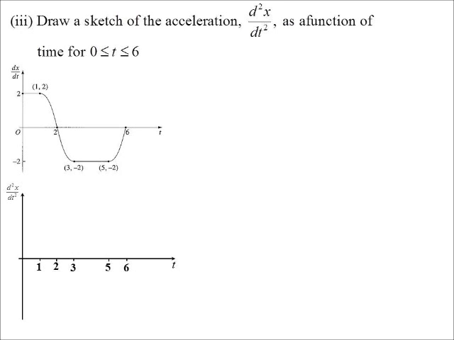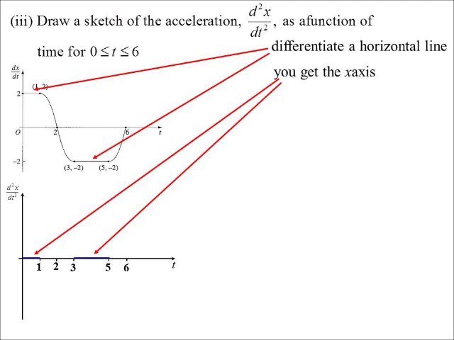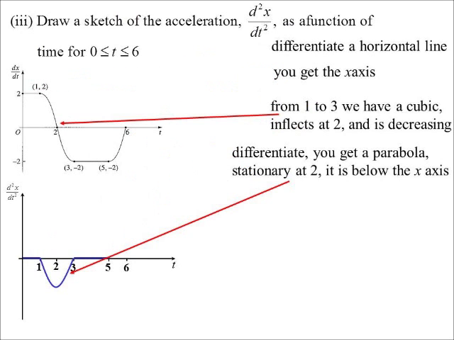Differentiate a horizontal line, in other words, a constant, you get... Oh, careful. We're differentiating now, not integrating. Differentiate a constant, 0. So we've got to be on the axis. So between there and there, we know we're on the axis.